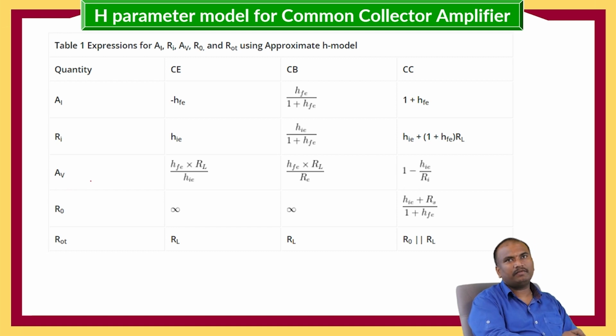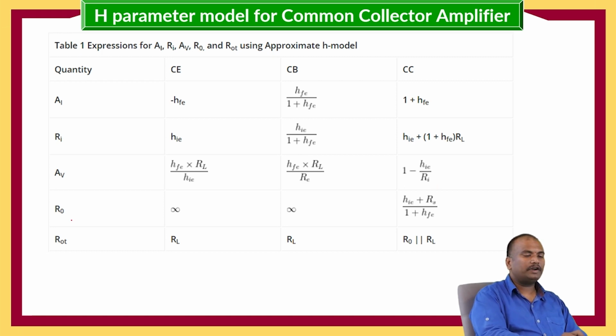The voltage gain AV is equal to HFE into RL by HIE in CE, HFE into RL by HIE in the common base configuration, and 1 minus HIE by Ri in the common collector configuration.